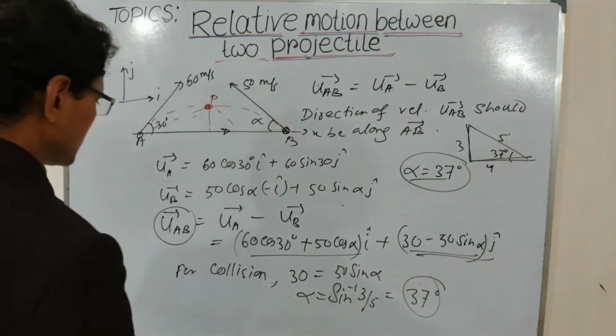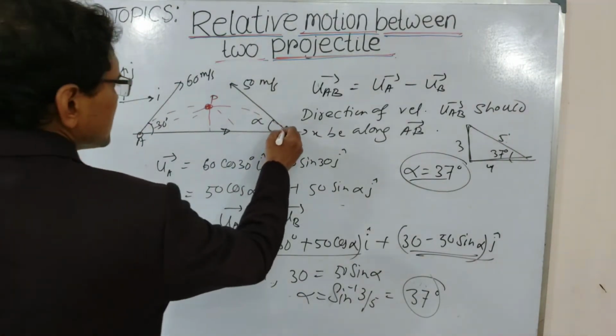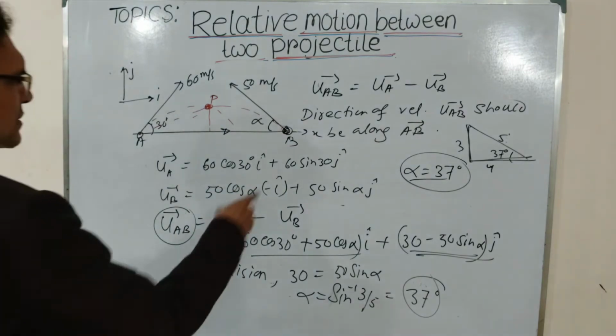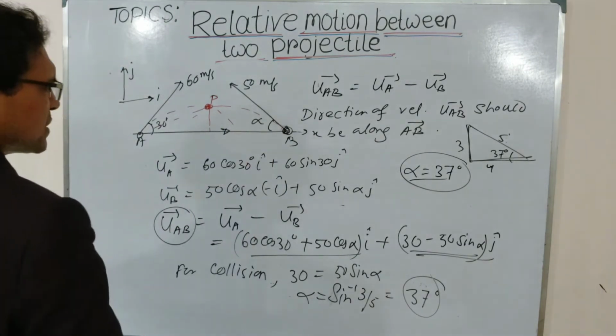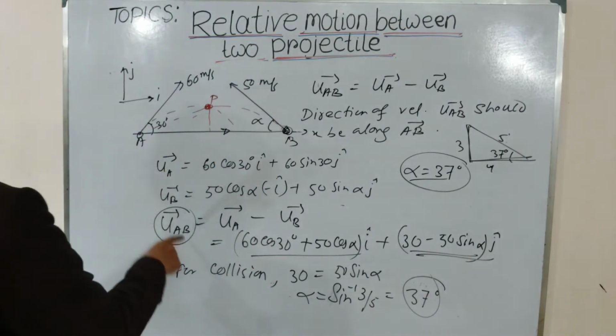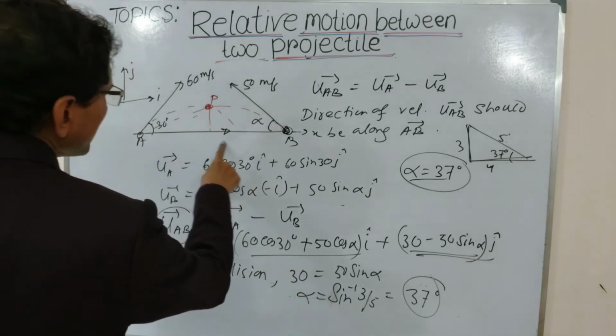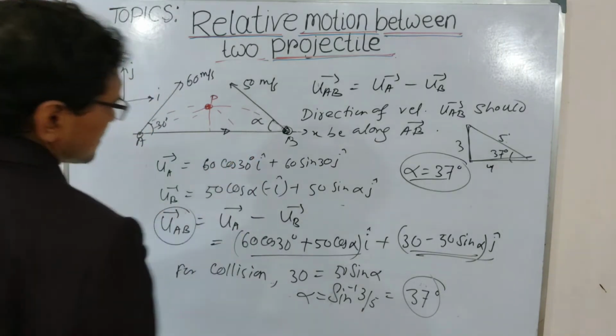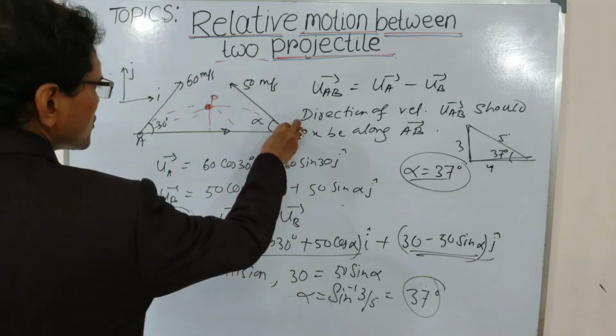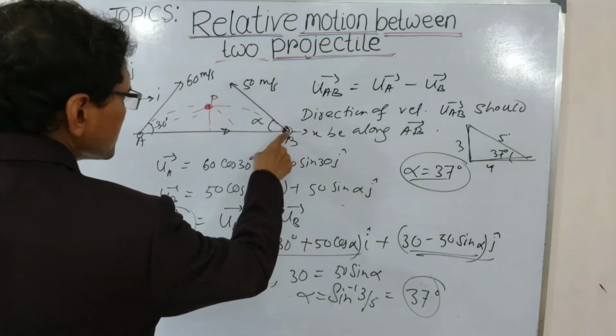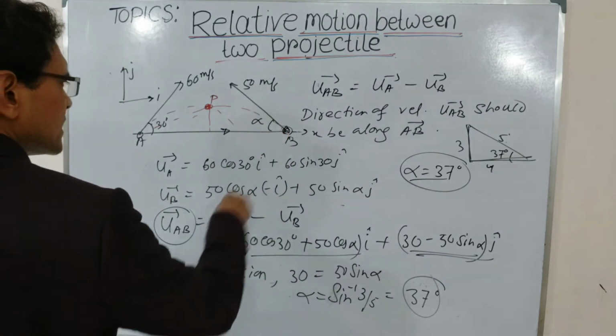Now take particle B. If we consider that particle B is at rest, then UAB means particle A moves with velocity UA along this direction. So we consider the velocity of B as 0, that is B is at rest.